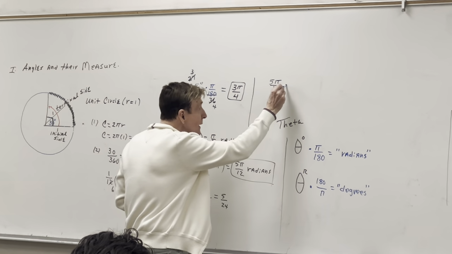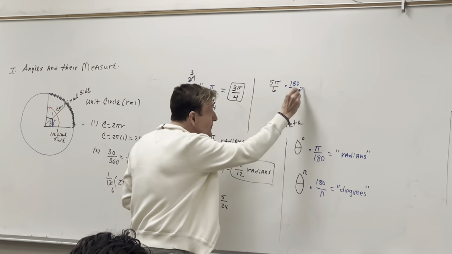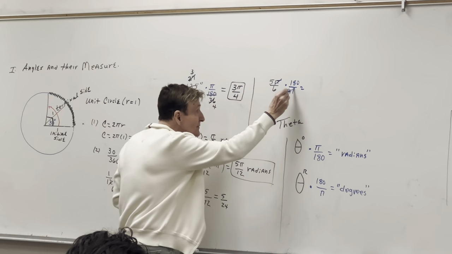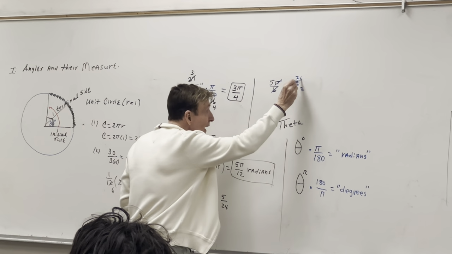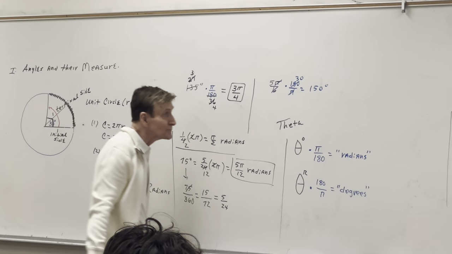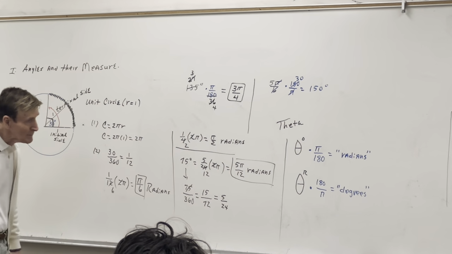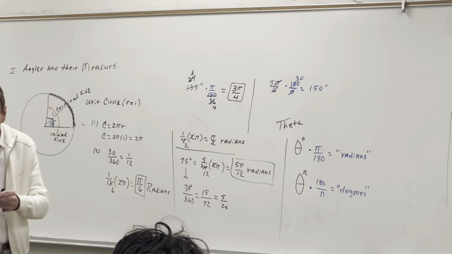Multiply this by 180 over pi. Pi's cancel. This one's a little bit easier. 6 into 180, 30. 5 times 30. There's the angle: 150 degrees. Easy to go from one to the other with those conversion factors.